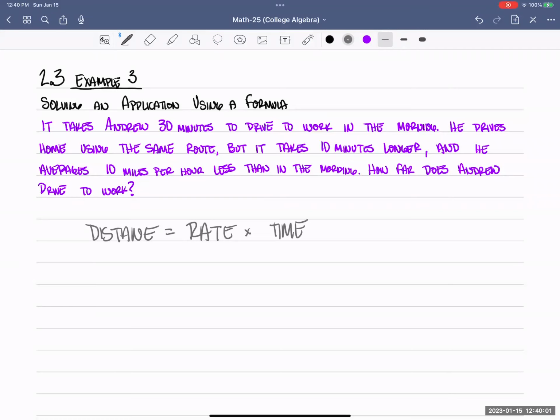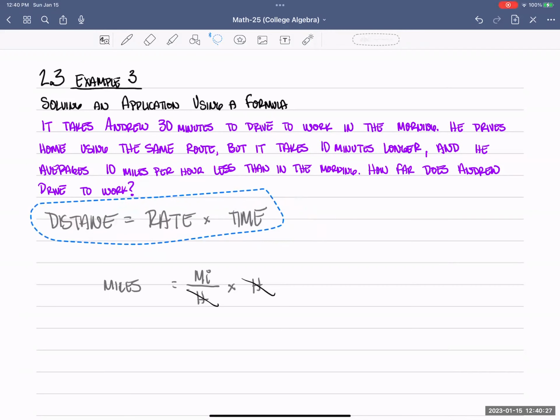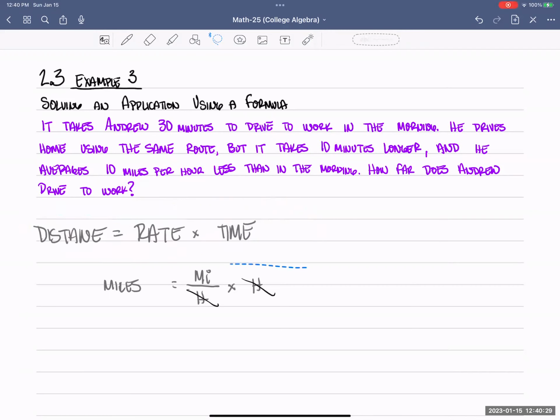We have our miles per hour, like a rate, that's what they're giving us here. We can multiply that by some sort of hour time here, and our distance is going to end up being in miles. You can clearly see the hours divide out. So this is going to be our equation: distance is equal to rate times time.